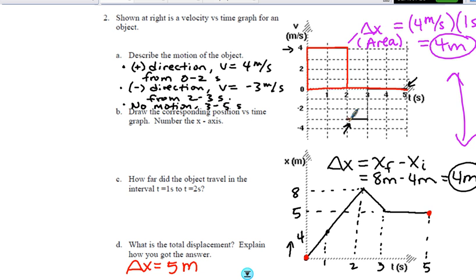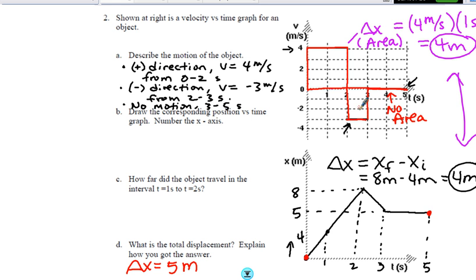But then from 2 to 3 seconds, the graph is down here. So it's going to be this region that we box in. And then where the graph is on the t-axis, it has no area. And that makes sense because the object isn't covering any distance. So we are going to work out what the area of this block is and the area of this block, add them together, and that'll be your total displacement.